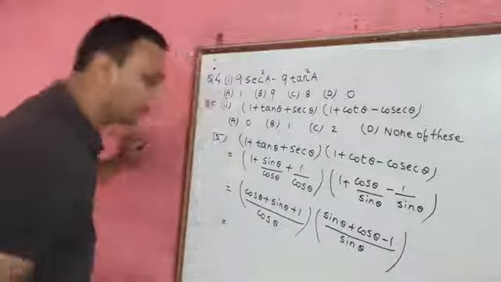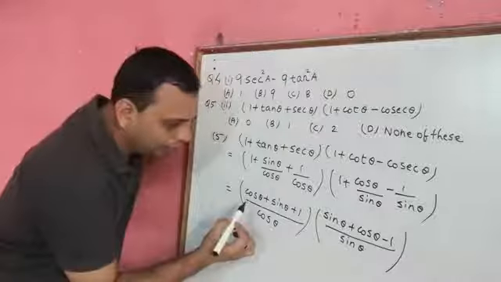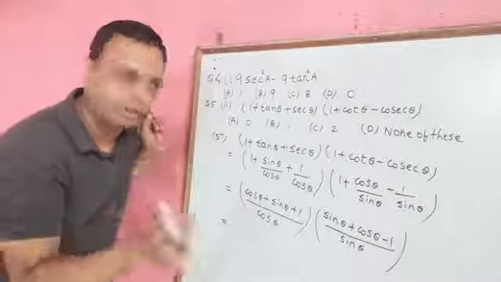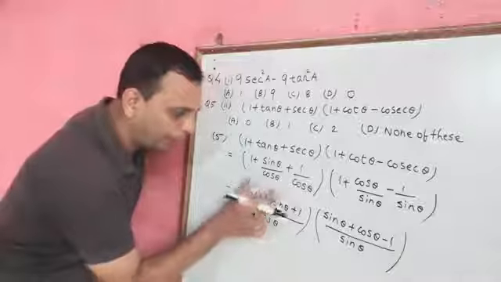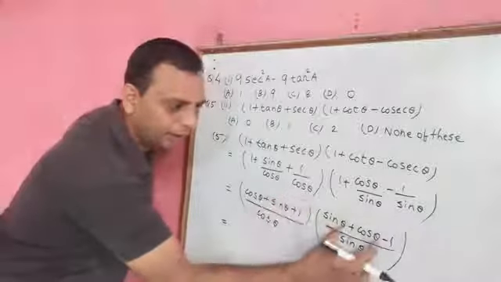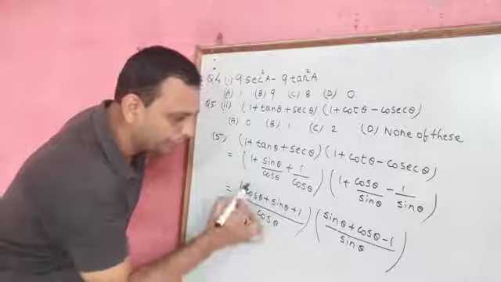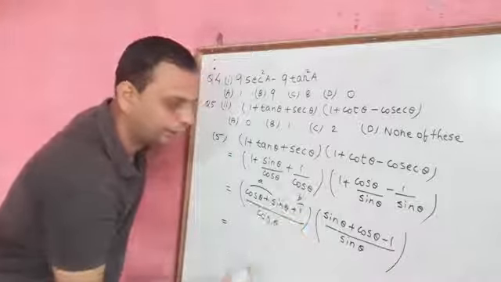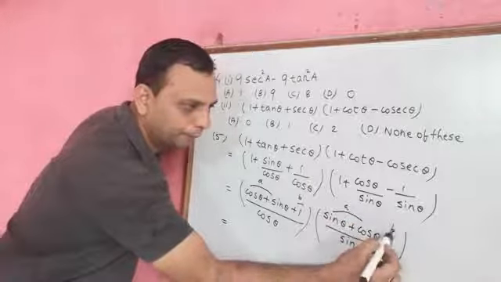Here sin plus cos we have to consider as a, and the 1 we have to consider as b. So it is in the form of a plus b, a minus b. I think you got what I am saying.